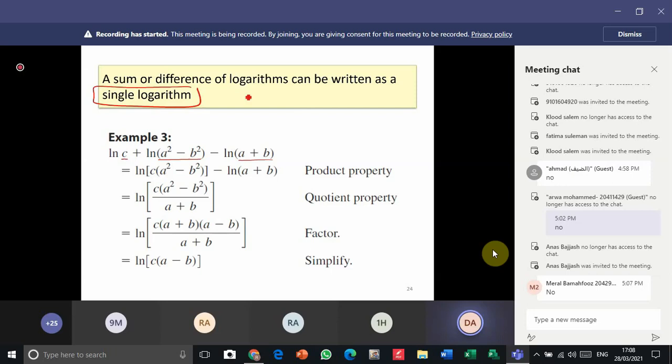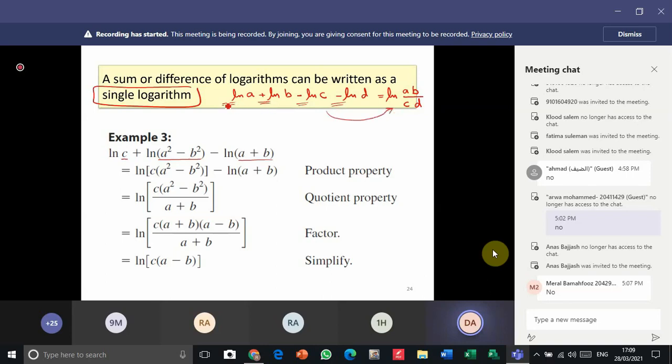For example, if we have ln A plus ln B minus ln C minus ln D, this is directly ln of A multiplied by B over the denominator C, D. Because this is negative, this is in the denominator.